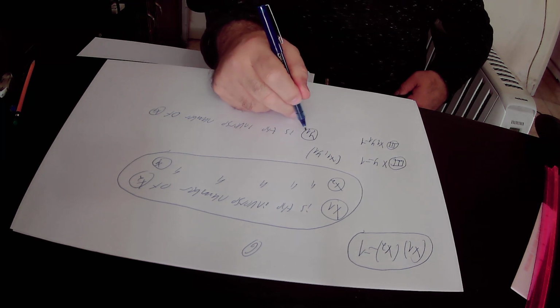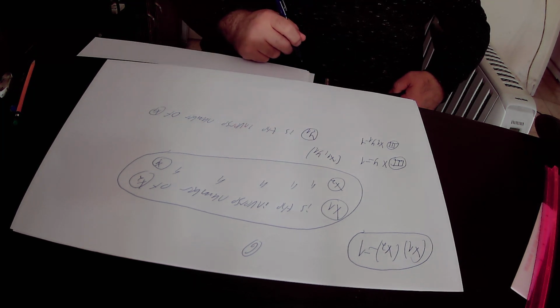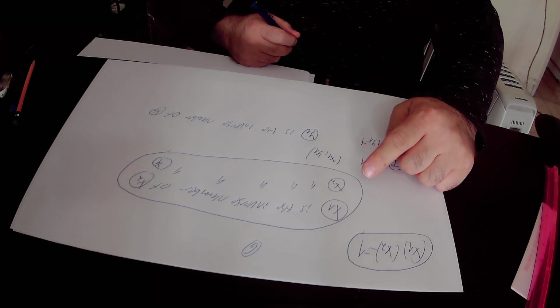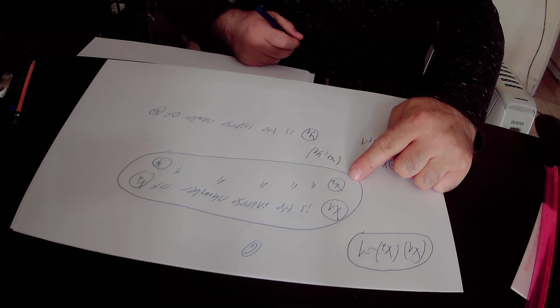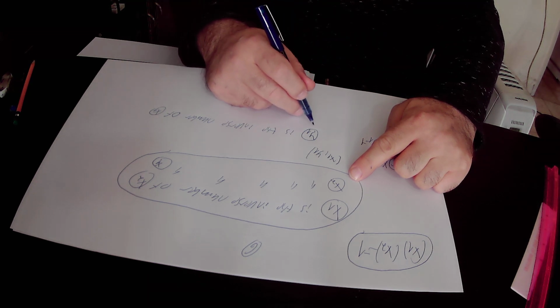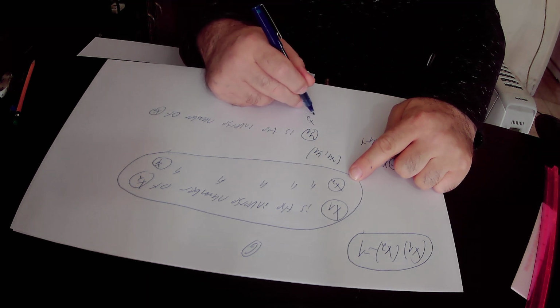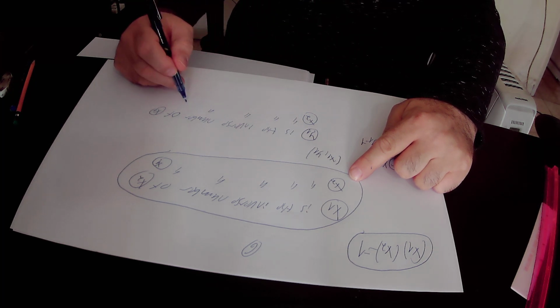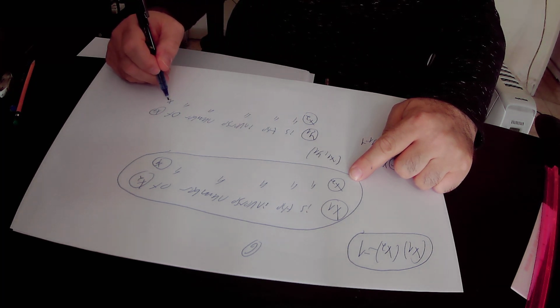Okay, y1 is the inverse number of x1. But we have already found here that x2 is the inverse number of x1.